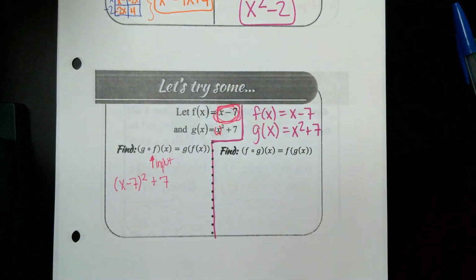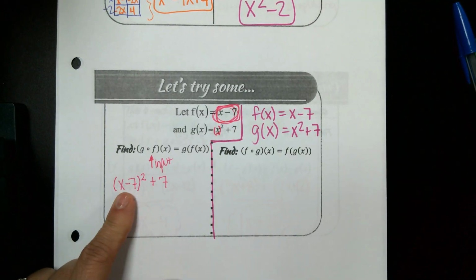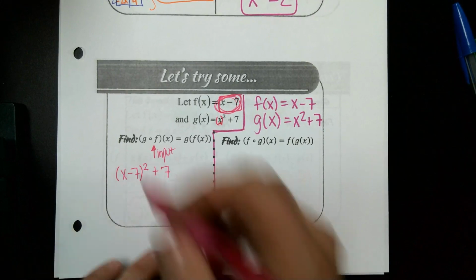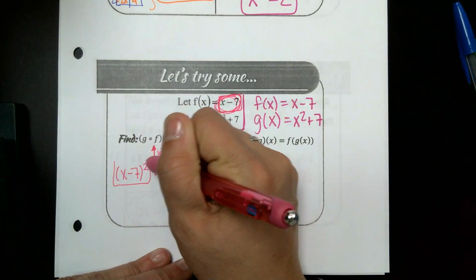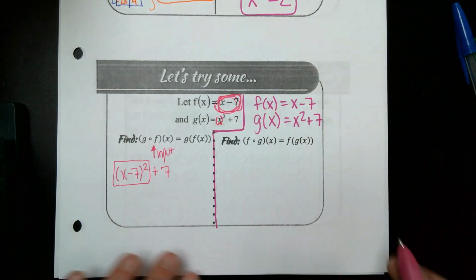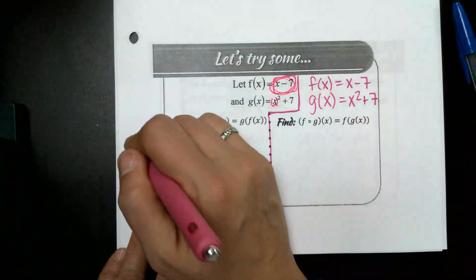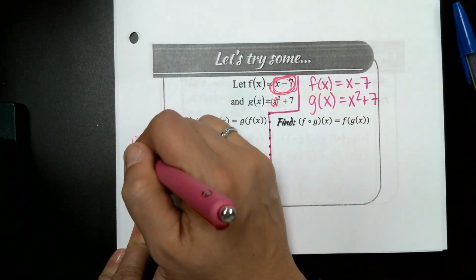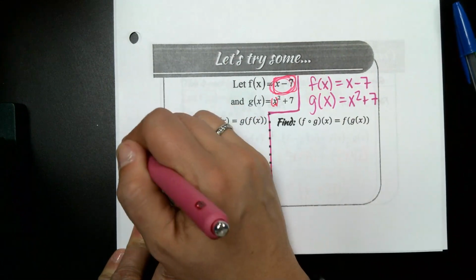You're plugging one expression into the other. Okay, so now, look at this. If this says X minus 7 squared, what kind of problem is that? That is a box. We are going to take an X minus 7 times another X minus 7.